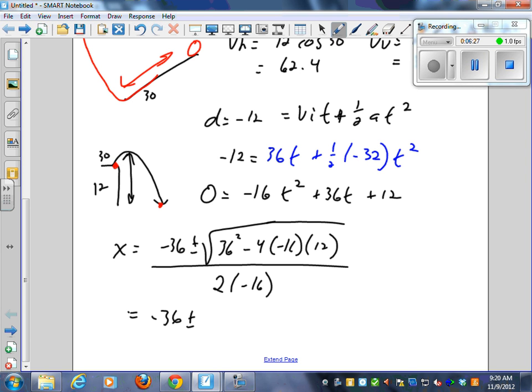Minus 36, minus 4 times minus 16 times 12, square root, 45.4, all over minus 32.